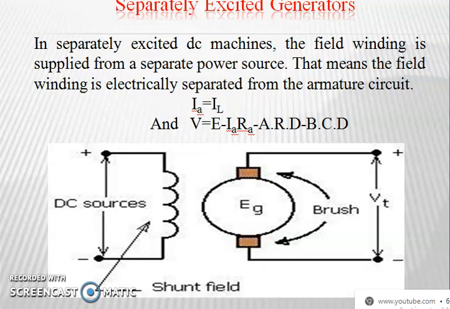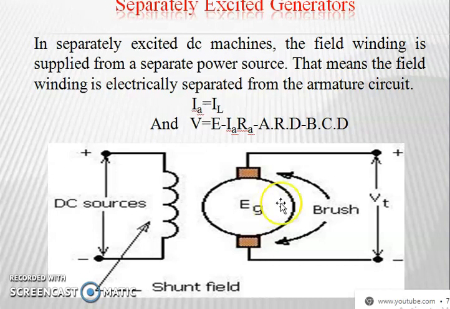That is, the field winding is electrically separated from the armature circuit. Here the voltage Vf drives the current If, the field current, due to which the magnetic flux will be produced in this particular field winding.